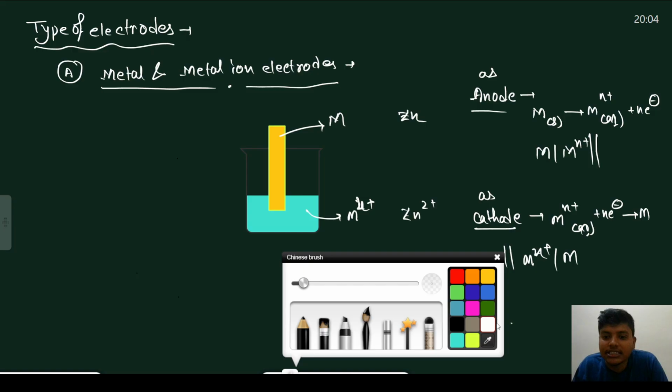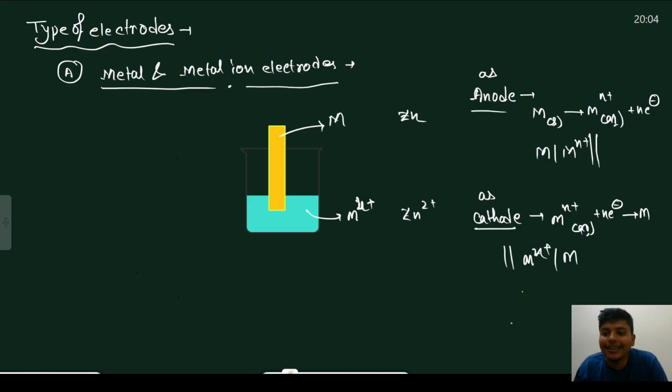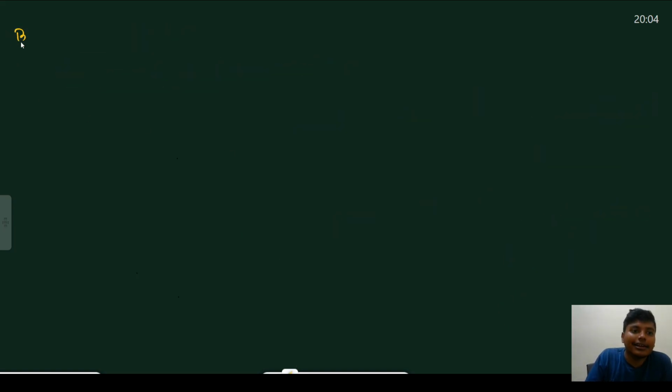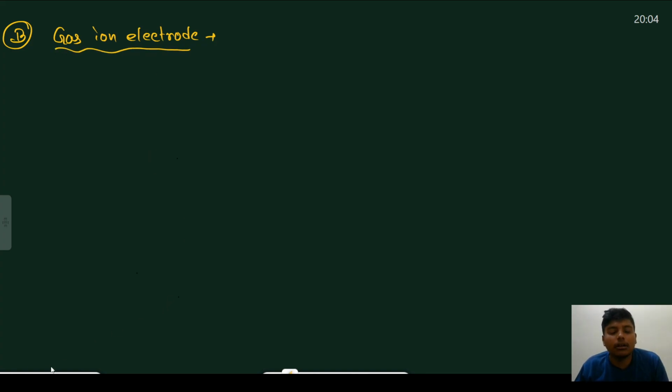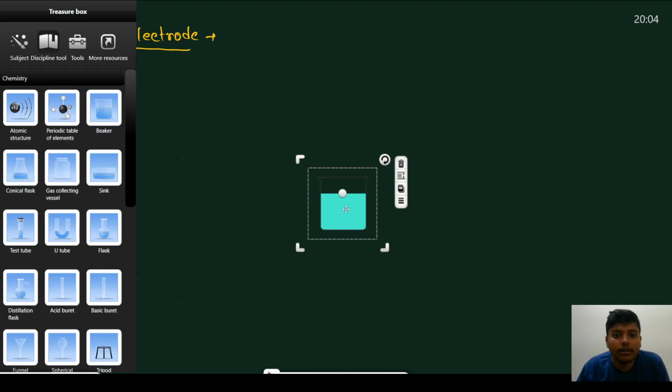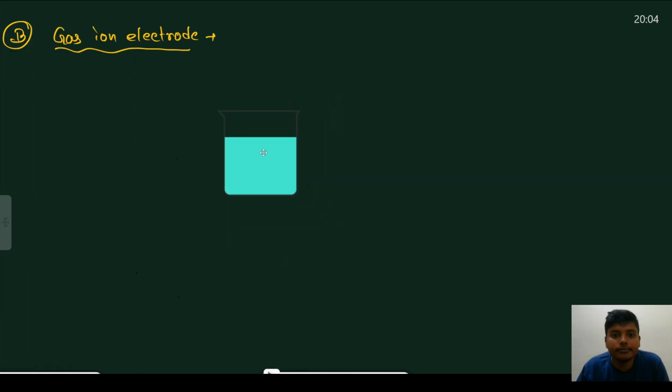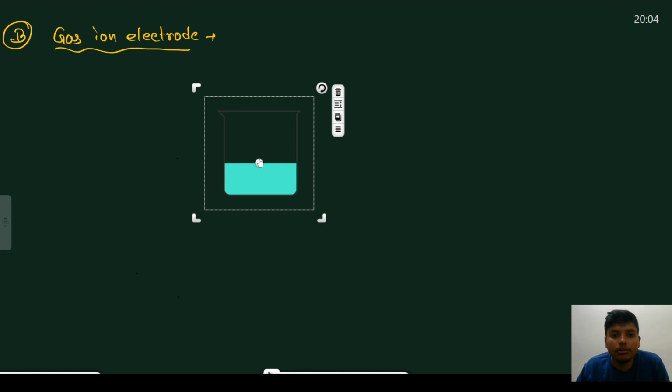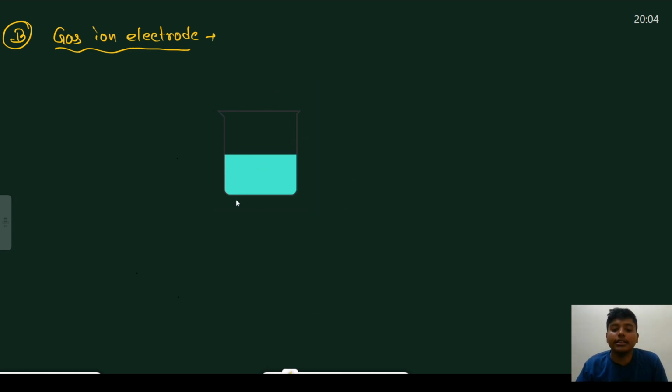Now, the next type of electrode is known as the gas ion electrode. Very simple thing. Here you take the electrolyte, and as the electrode we have to take the gas.